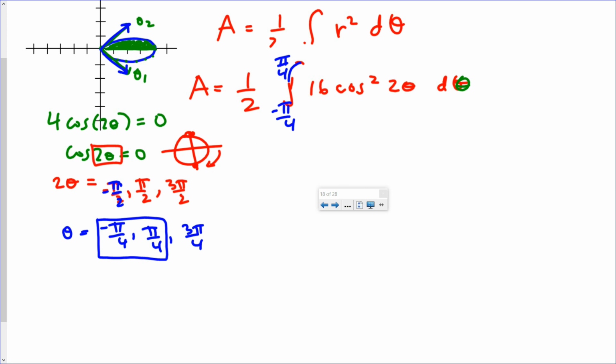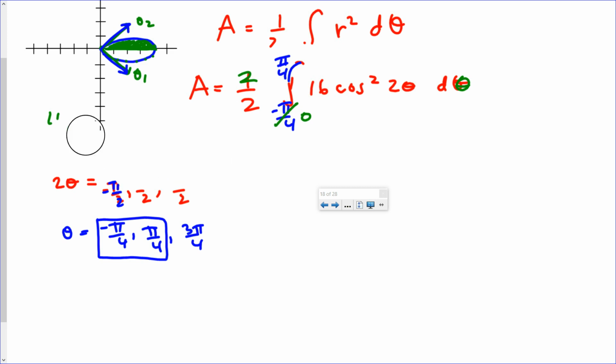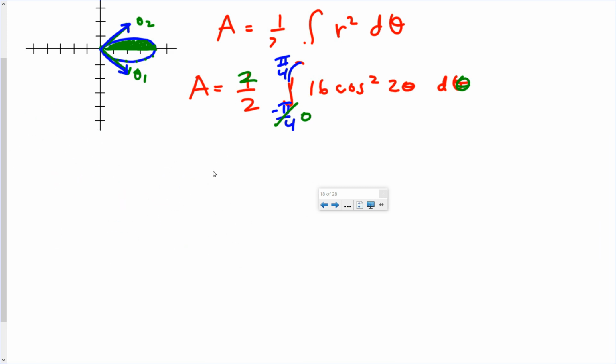Because of symmetry, this area is going to be the same as this area. Okay, and you can only do this for the ones that straddle your x-axis. But what's nice is if I change this to 0, then I just multiply everything by what? 2, right? Now, and this turns out to be 1. Do you guys see how that works? Now, you don't have to do that. You can totally leave it like I had it and solve it that way. It would just take you longer.